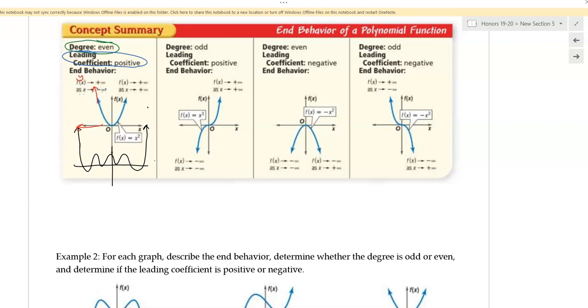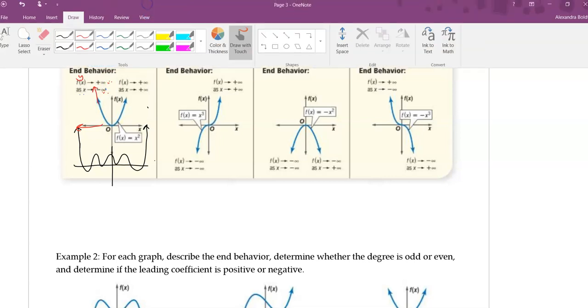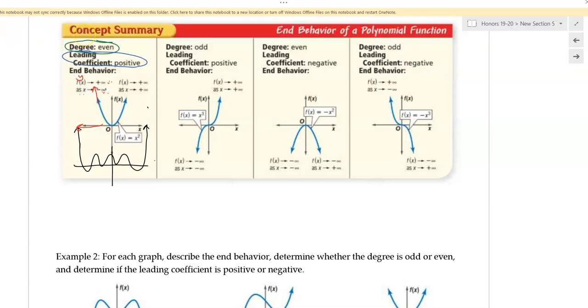So as x is going left towards negative infinity, my y is going up towards positive infinity. And again, we're going to write this in limit notation. And we say the limit as x approaches negative infinity of f of x equals positive infinity.